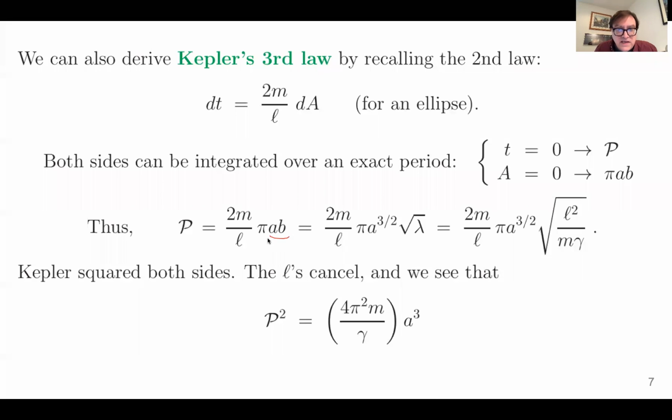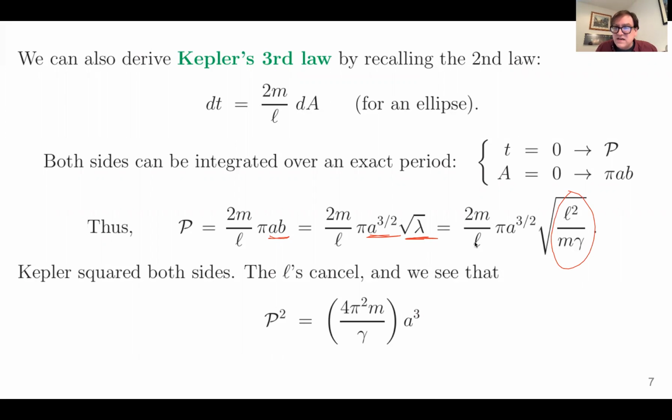The A and the B can be written as A to the 3/2 times the square root of the radius of curvature, by using the definition of the radius of curvature. And then the definition in terms of angular momentum and the masses can go in here. When Kepler wrote this, he squared both sides, and we see that a lot of things cancel out.